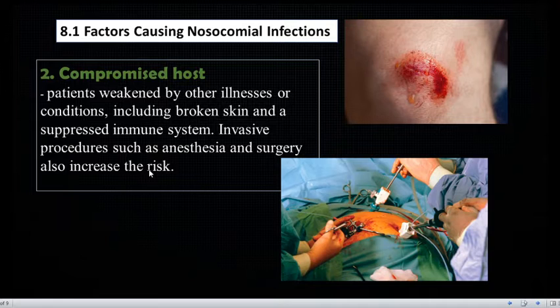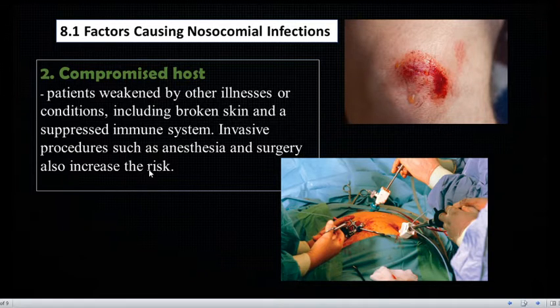So let me repeat: burns, if the patient is burned, they have surgical wounds, they came from surgery, they have trauma injections, okay, they have invasive diagnostic procedures. So, class, diagnostic procedures are used to identify what type of disease you have. So we also have invasive diagnostic procedures actually. And then you have ventilators and urinary catheters.